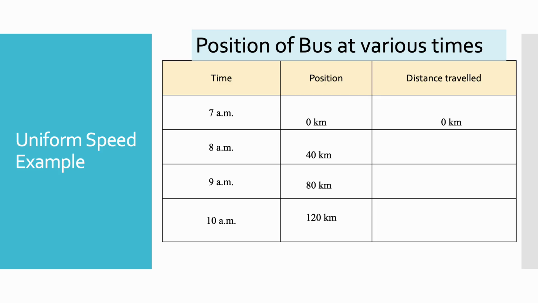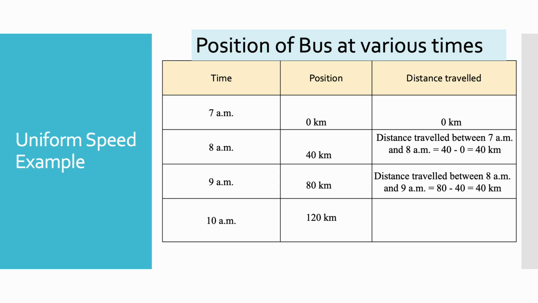Distance traveled at 7 a.m. is 0 kilometers. Distance traveled in the next hour, that is between 7 a.m. and 8 a.m., is 40 minus 0, which is equal to 40 kilometers. Similarly, distance traveled between 8 a.m. and 9 a.m. would be 80 minus 40, which is equal to 40 kilometers again.